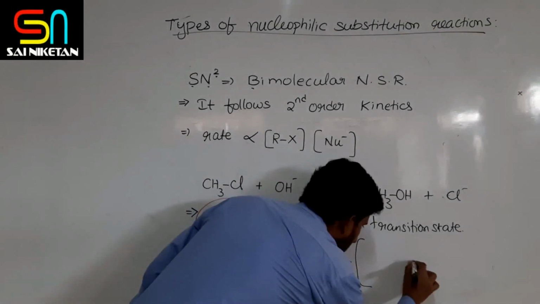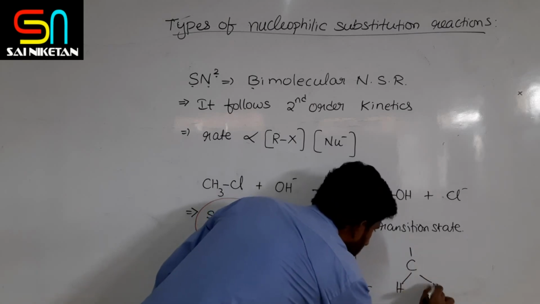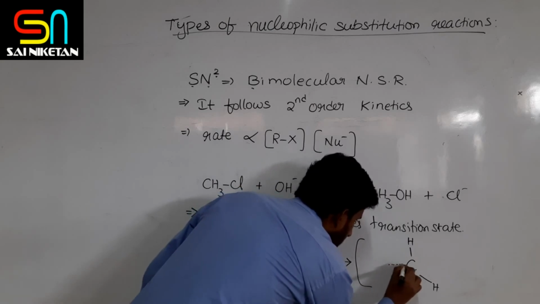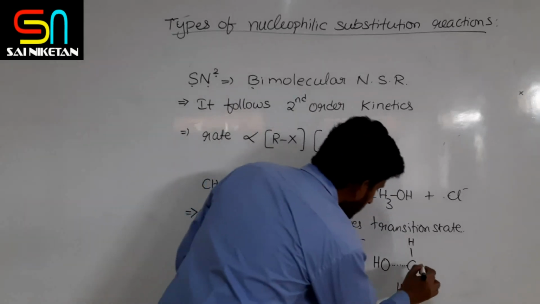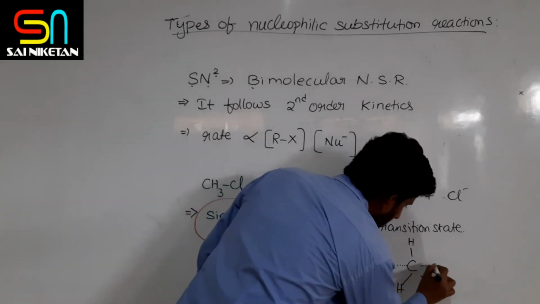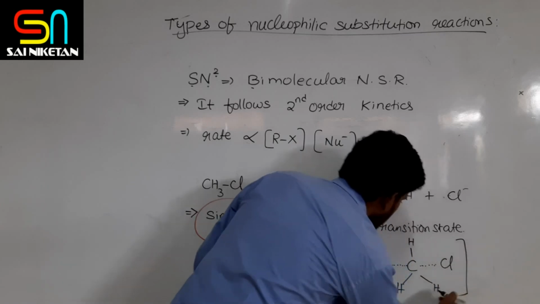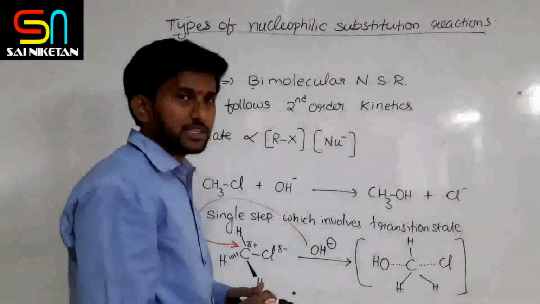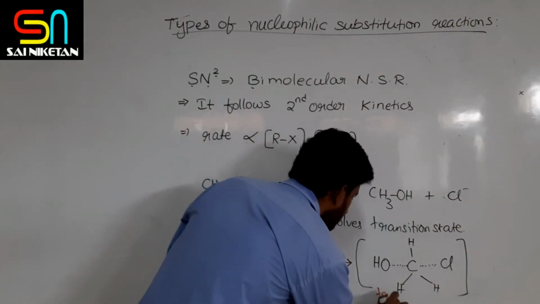That is, the carbon atom with 3 hydrogen atoms as it is, and one dotted bond I am writing with OH. One more dotted bond I am writing with Cl. So this is called a transition state.